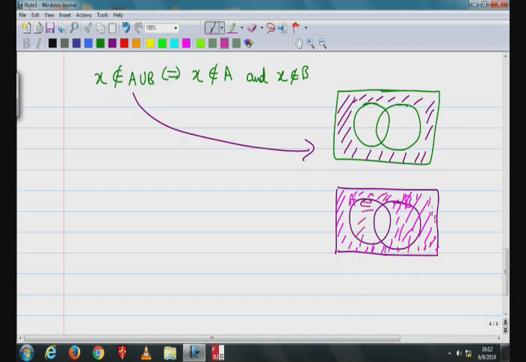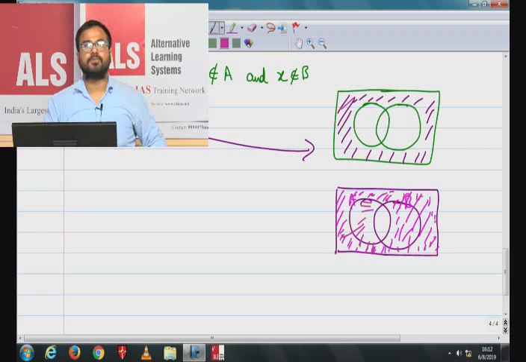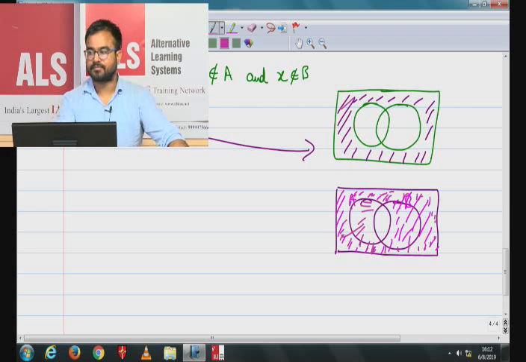And if we take the common out of these things, we will be left only with the same region. So this is the meaning that X does not belong to A and X does not belong to B.